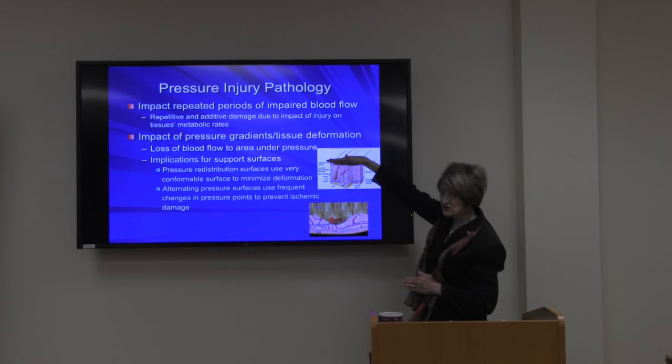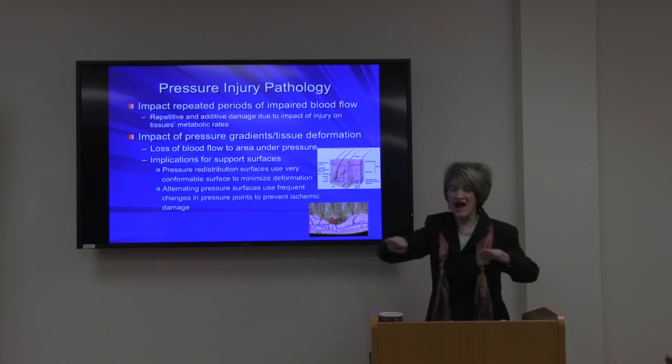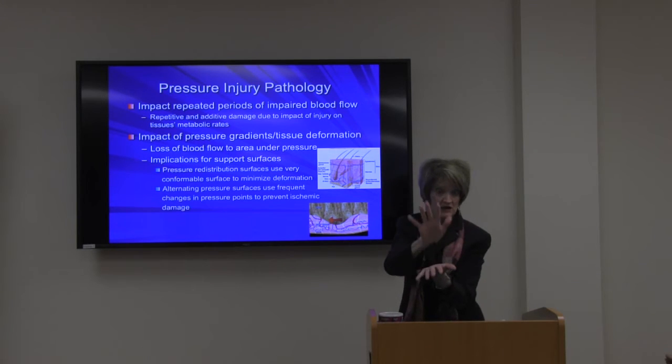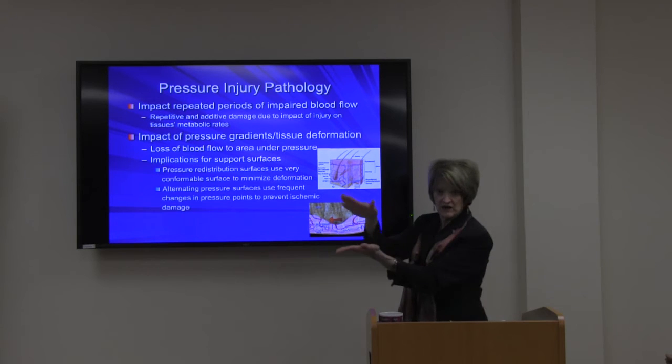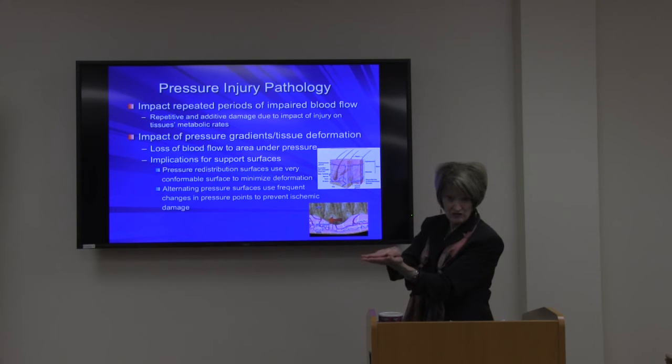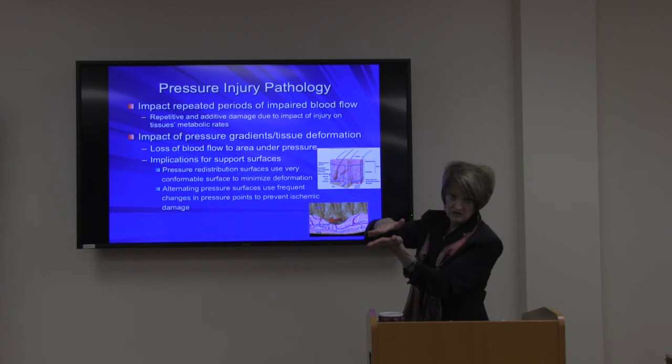The blood vessels are much more resistant to widely distributed forces than they are to point pressure. It's easy to collapse a vessel at one point. It's very hard to collapse a vessel across its entire length because that vessel's full of blood. Point pressure, the blood moves there and here. Distributed pressure, the blood keeps the vessel open.